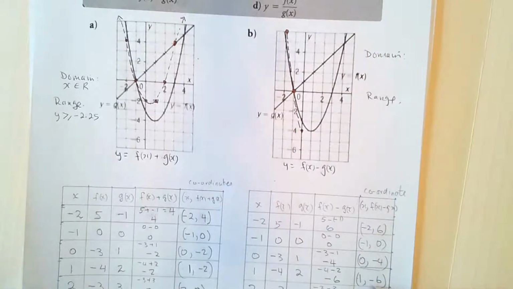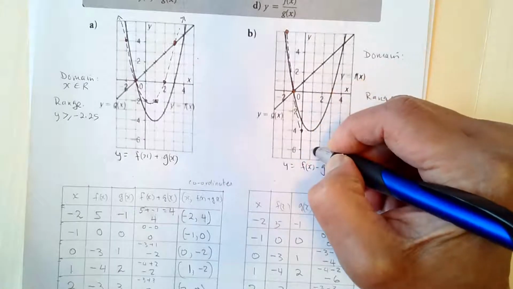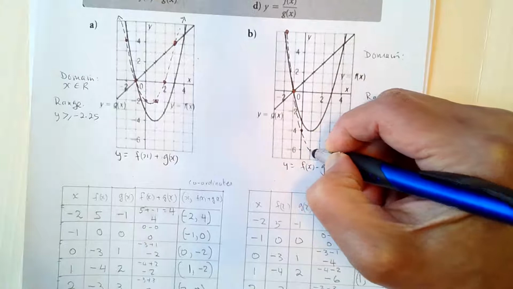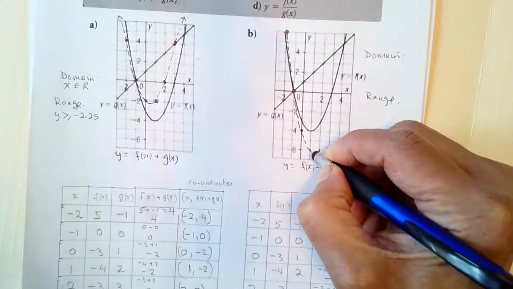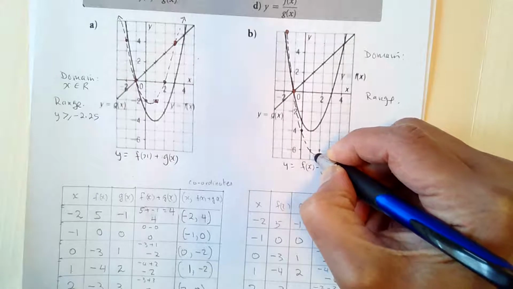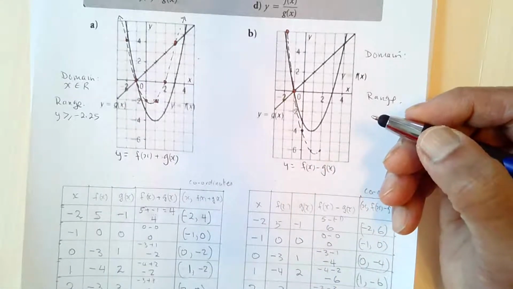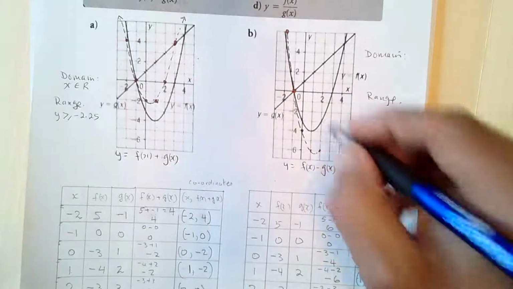Then 1, -6. Then 2, -6. So this graph has a vertex between -6 and -7. Then 3, -4.